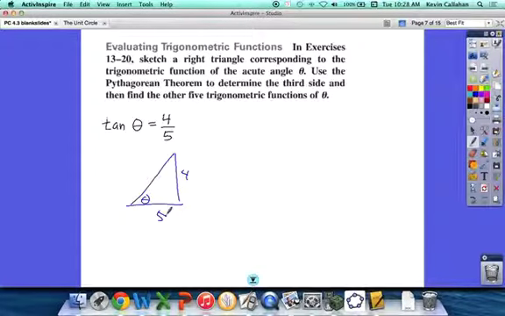Okay, so draw the triangle, label the sides, then what? Pythagorean theorem for this side, right? The square root of 4 squared plus 5 squared, which is the square root of 41.